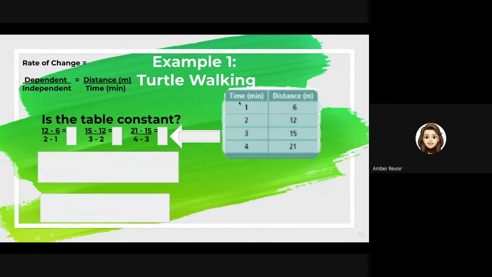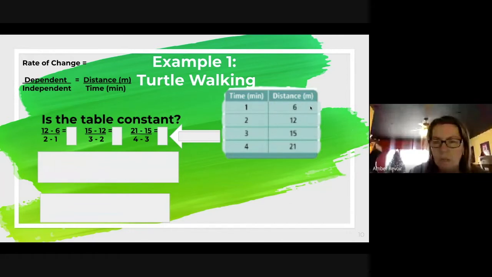So here we're going to compare what's happening from when we go from 1 minute to 2 minutes, okay? So here we've got 12 minus 6. Our distance, 12 minus 6, okay? This is our y2, y1, so 12 minus 6.